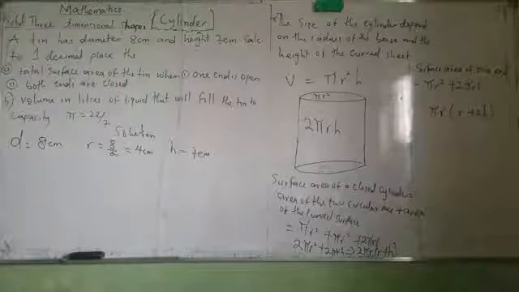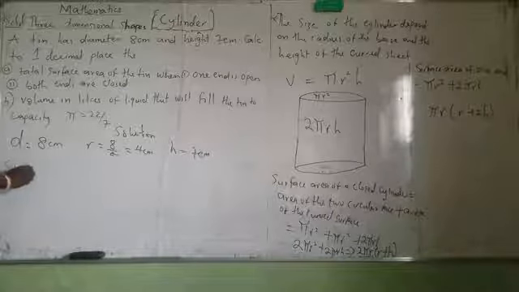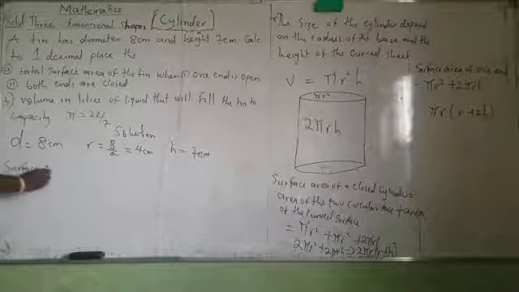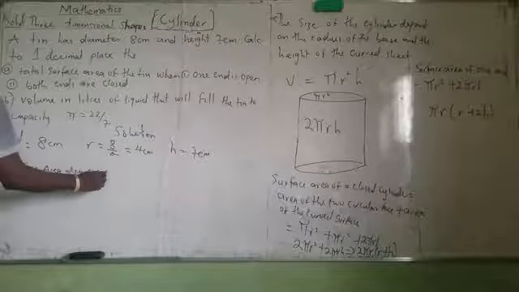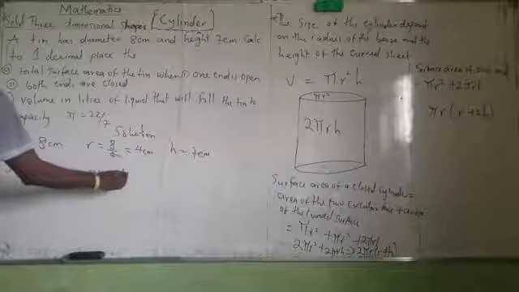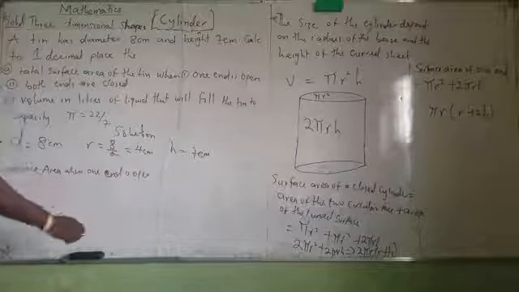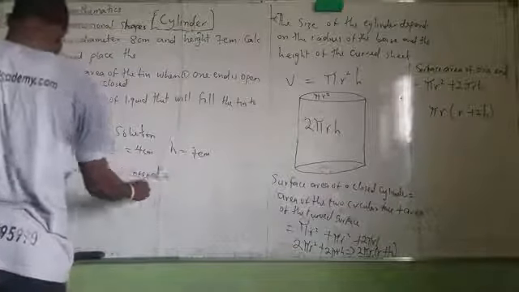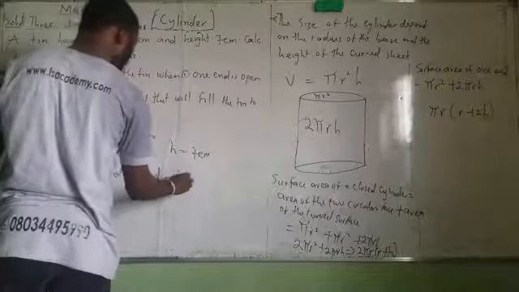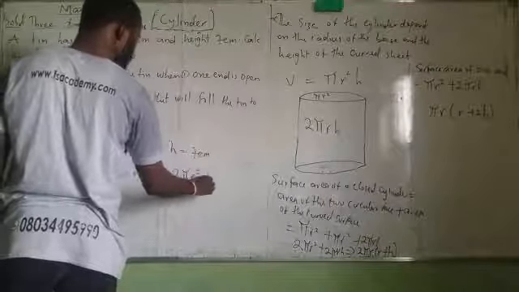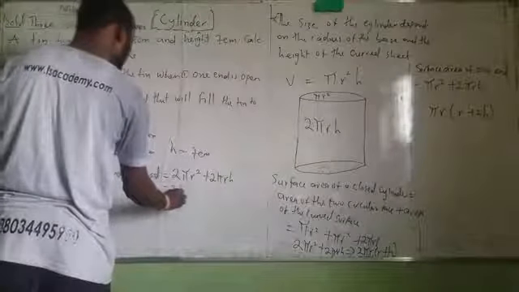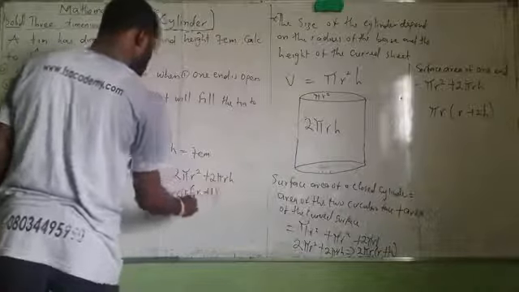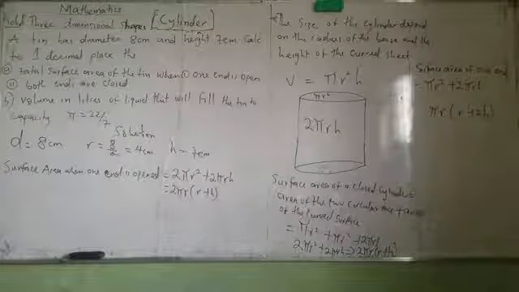The surface area when one end is opened will be equals to 2 pi r squared plus 2 pi r h, which can also be 2 pi r bracket of r plus h. Now, that is what we are talking about.